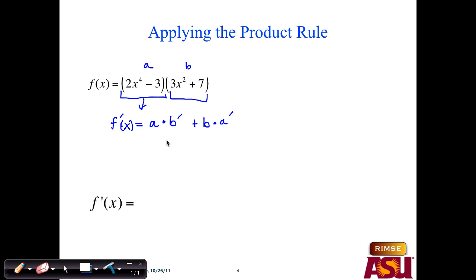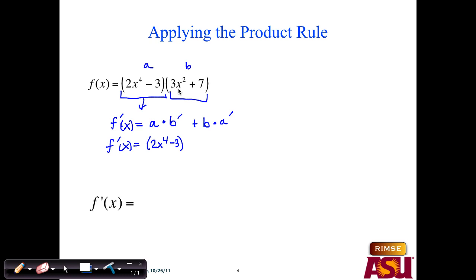You can make notes to yourself like this. It's not formal, fancy notation, but just, what do I have to do? Well, a is this 2x to the fourth minus 3. B prime, what I mean by that is, what's the derivative of 3x squared plus 7?